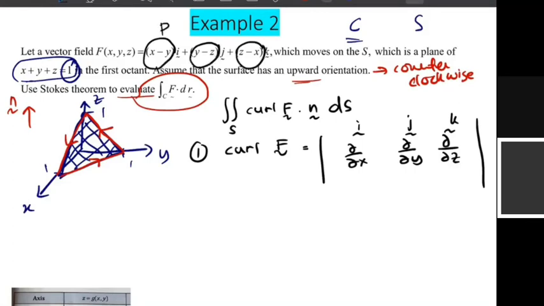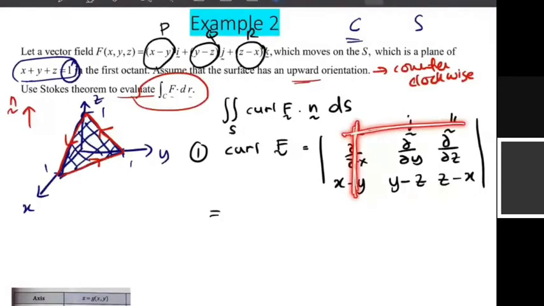This question asks you to evaluate the line integral. So no need to calculate the line integral. You must calculate the second part, which is the double integral, the surface integral. Here we want to calculate the double integral over S of curl F dot N dS.